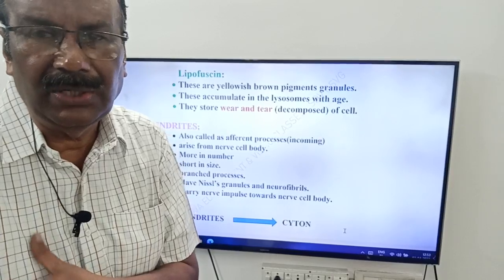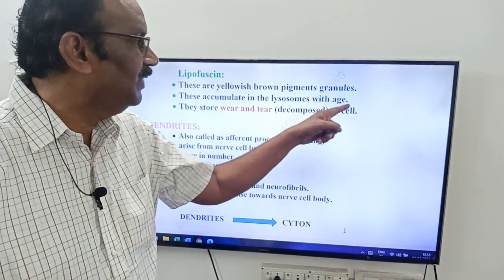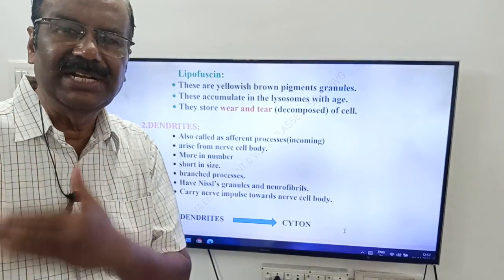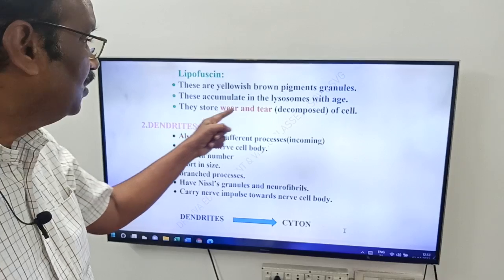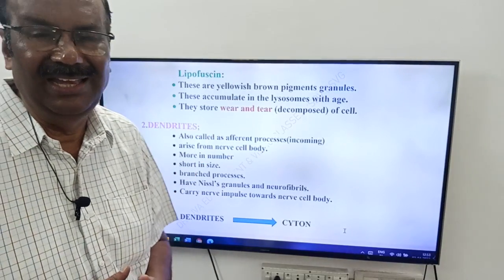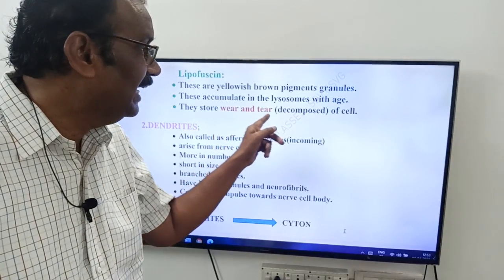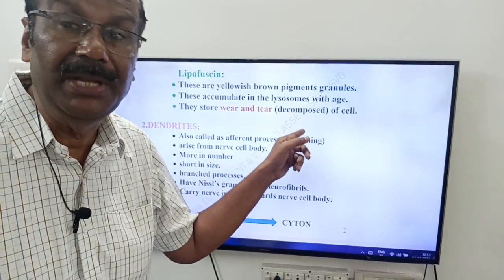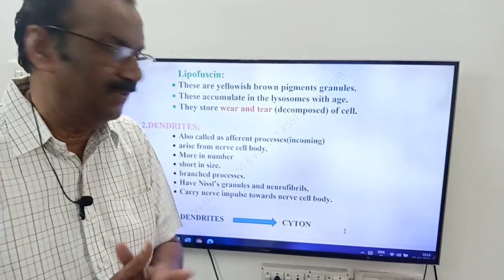That is modified into lipofuscin. So these accumulate in the lysosomes with age. When age is increasing, we have more number of lipofuscin, more number of lysosomes. They store wear and tear of the cell. What is the role of the lipofuscin, friends? They store wear and tear of the cell, that is decomposed structures of the cell. That is about the lipofuscin, friends.